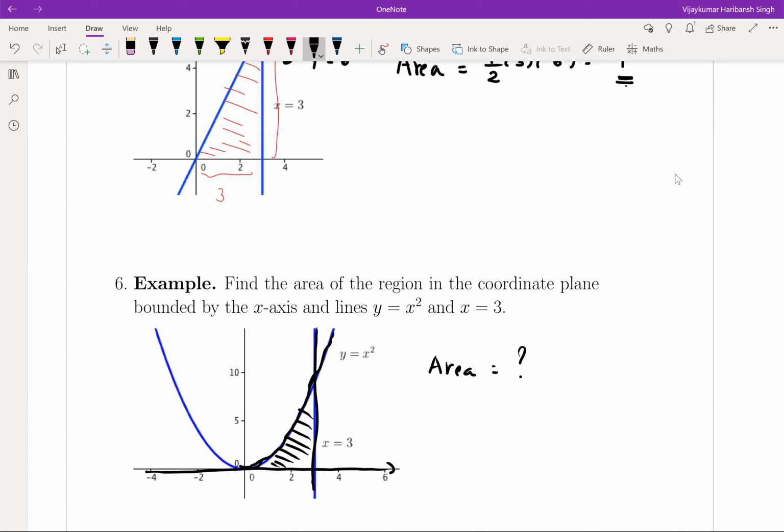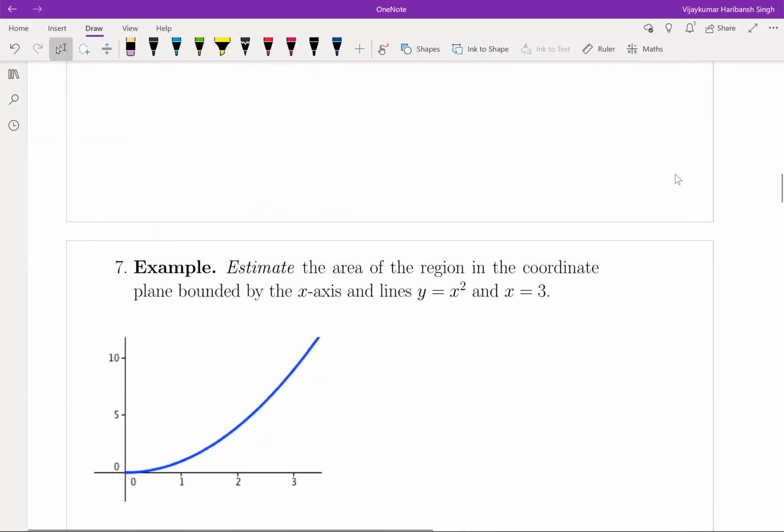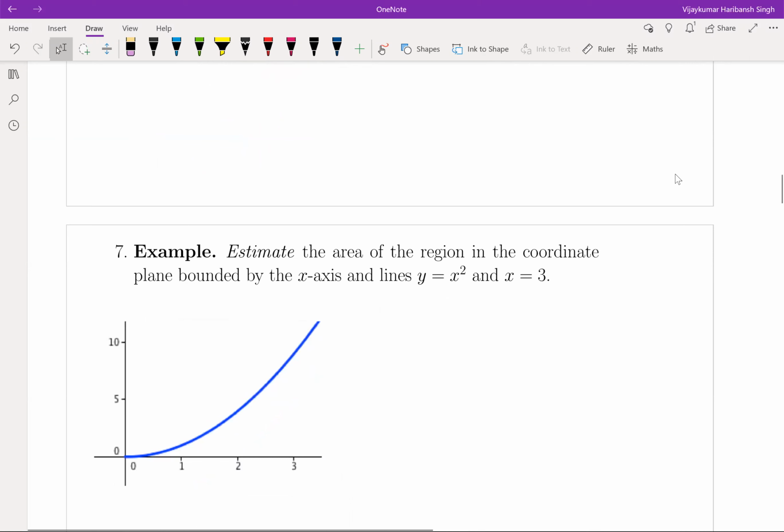Now we know the area of a rectangle and a triangle, but in this case, we do not know the area yet. So what we'll do is try some kind of approximation first to find the area. Okay, so let's look at the following. The same problem, I have expanded it a bit.